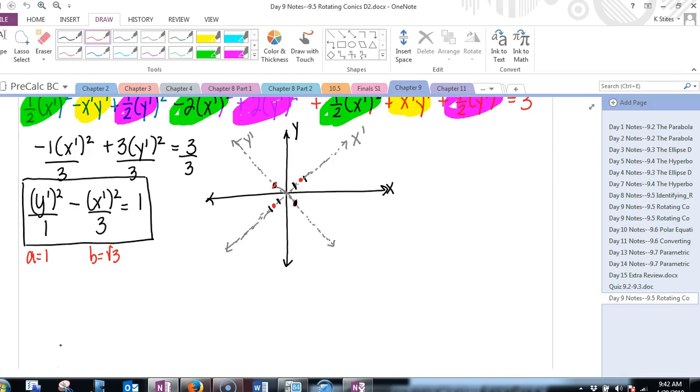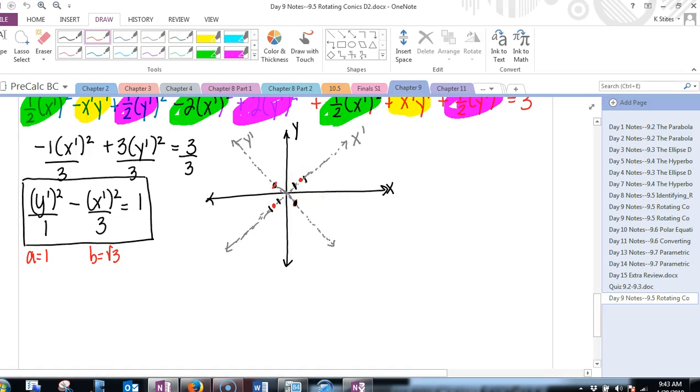All right, what we are doing is plotting our a and our b value. Your a was up 1 and down 1 on y prime, and your b is root 3, which is approximately 1.73. That's pretty close to 2, because root 4 is 2, so you're just a little bit below that.